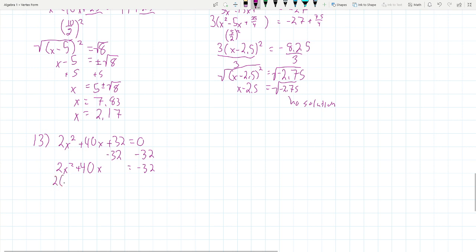Factor out this 2, so x squared plus 20x plus some number equals negative 32 plus some number. Looking on the inside, we do 20 divided by 2 squared. 20 divided by 2 is 10. 10 squared is 100. To do it to this other side, we have to multiply the 100 times 2, so this is actually plus 200.